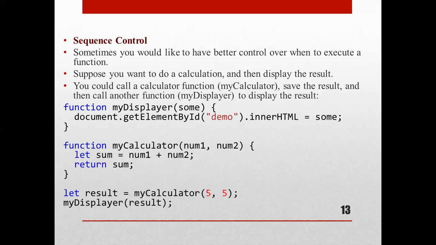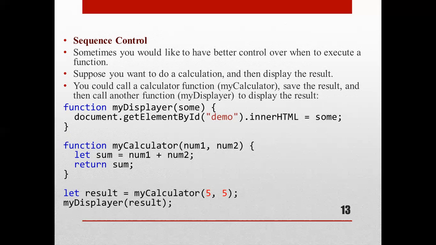Next is sequence control. Sometimes you would like to have better control over when to execute a particular function. We have to control that sequence. Suppose you want to do a calculation and then display the result. First you call a calculator function like myCalculator, save the result, and then call another function like myDisplayer to display the result.